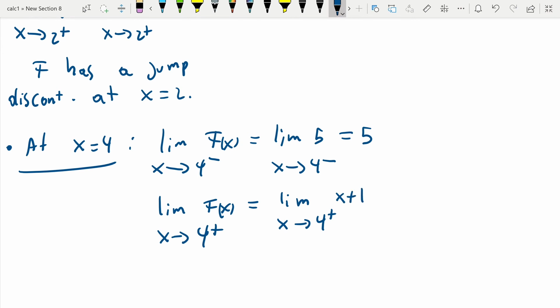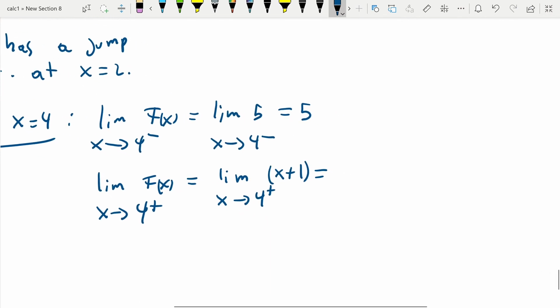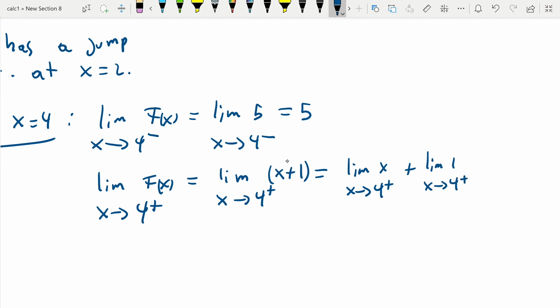So we take the limit of x plus 1, and we can use the sum law. This is the same as the limit of x as x approaches 4 plus, plus the limit of 1 as x approaches 4 plus, which gives us 4 plus 1, which is equal to 5.